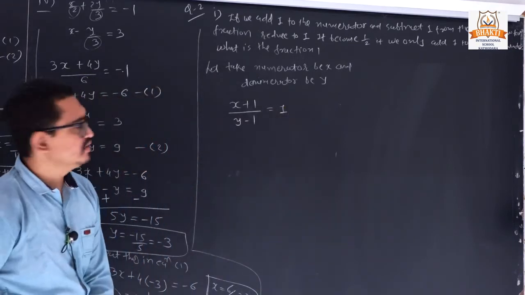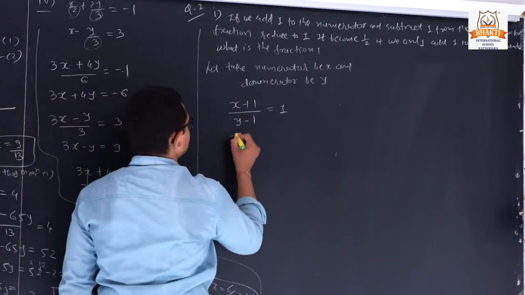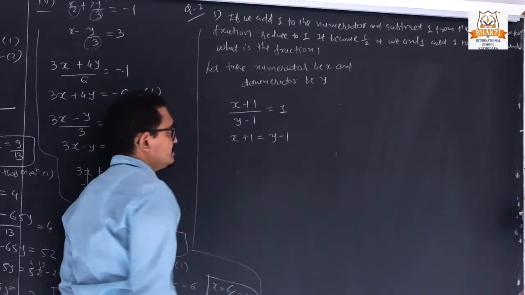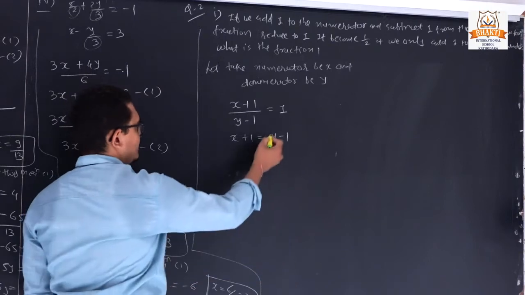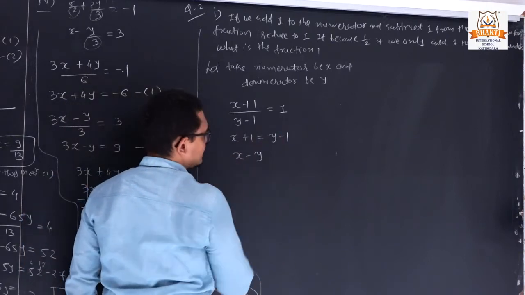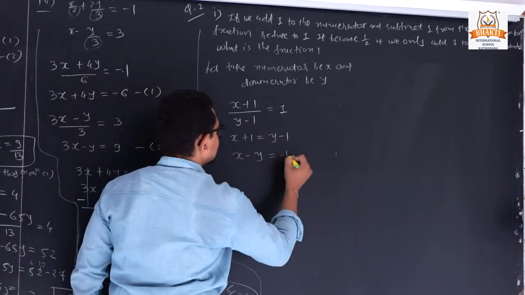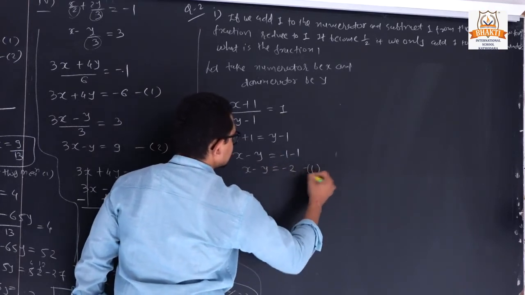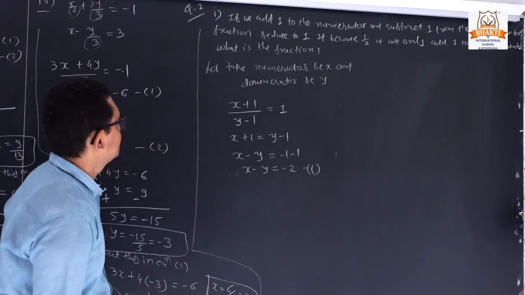so the fraction becomes 1. Now simplify this, so x plus 1, and this is going to multiply with 1, so it will remain the same. Now this is going to the second side, so minus, and this plus 1 is going to the second side, so x minus y is equal to minus 2. We can declare it is result number first.